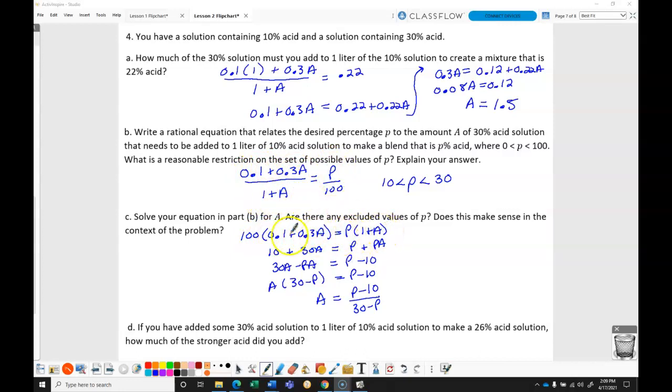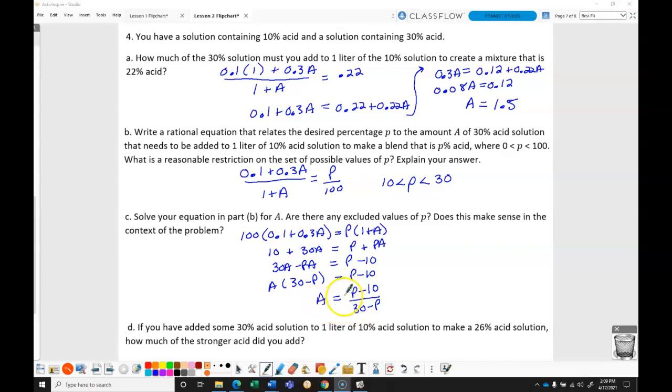Then I distributed the 100 to both things here, and the p to both things here. Then I found the a terms and got them all over to this side, and all the other terms, the minus 10 and the p, over to this side. I was able to factor out an a, leaving me with 30 minus p. And so this is what my a equals.